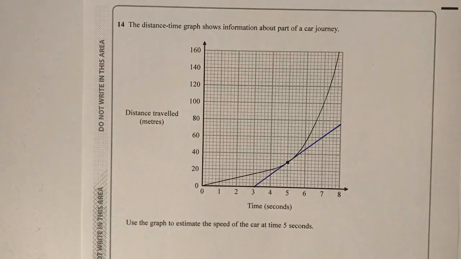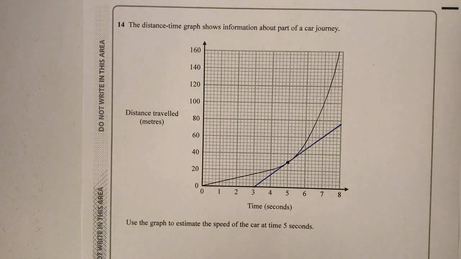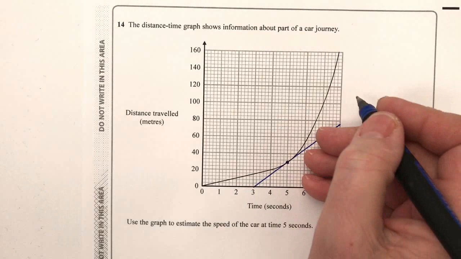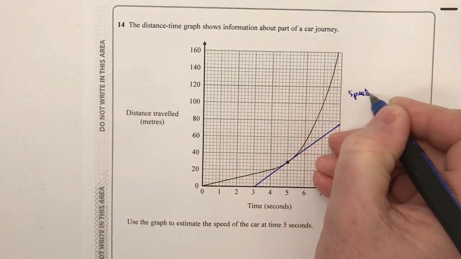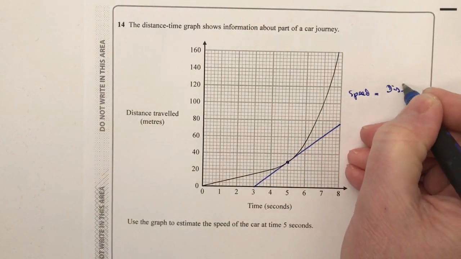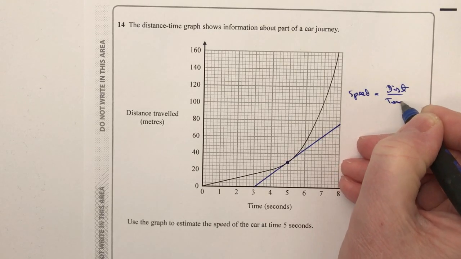Inevitably these sorts of things are not going to be particularly accurate, but it will give you some idea of what they're looking for in this type of question, because what we can say then is that speed equals distance travelled divided by time taken.